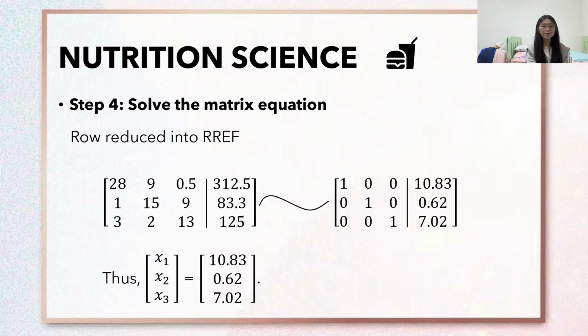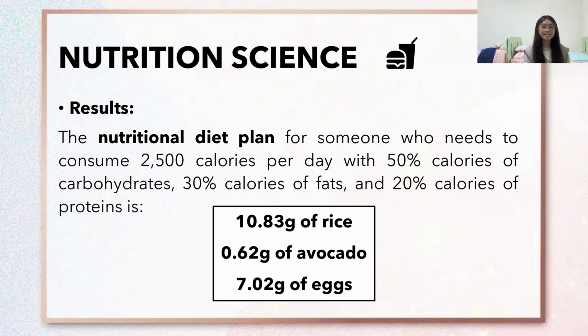Thus, by row-reducing the matrix into RREF, we get that x1 is equal to 10.83, x2 is 0.62, and x3 is 7.02. Therefore, this is our final result.